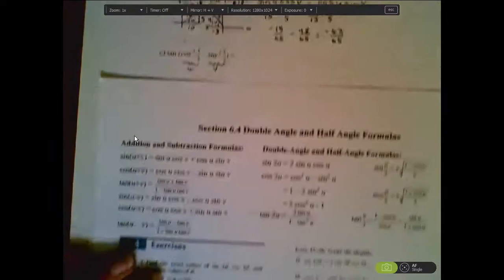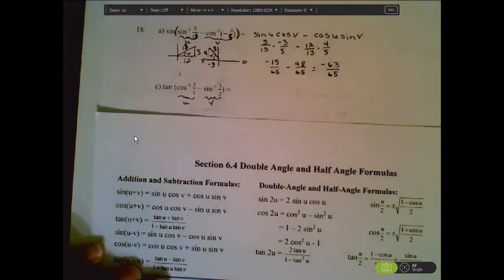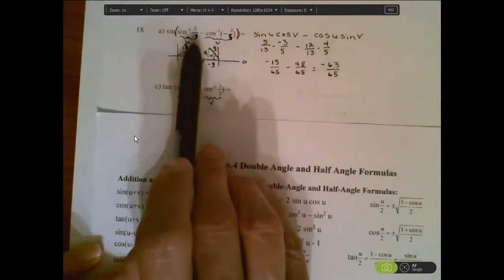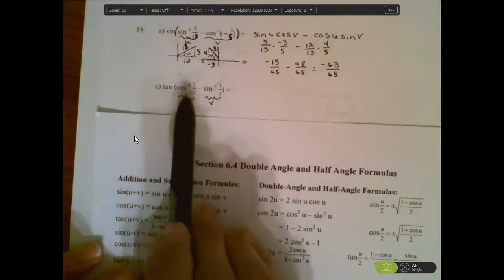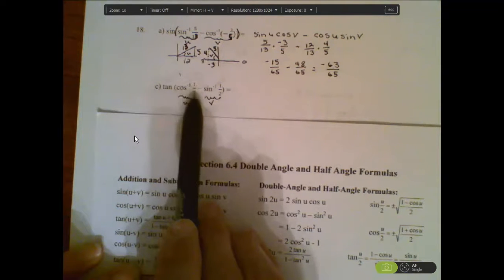Can you think of anything in the C part that makes it unnecessary for us to have to draw those triangles? I couldn't squint hard enough to tell you the angle whose sine is 5/13, but can I squint hard enough to tell you the angle whose cosine is 1/2?